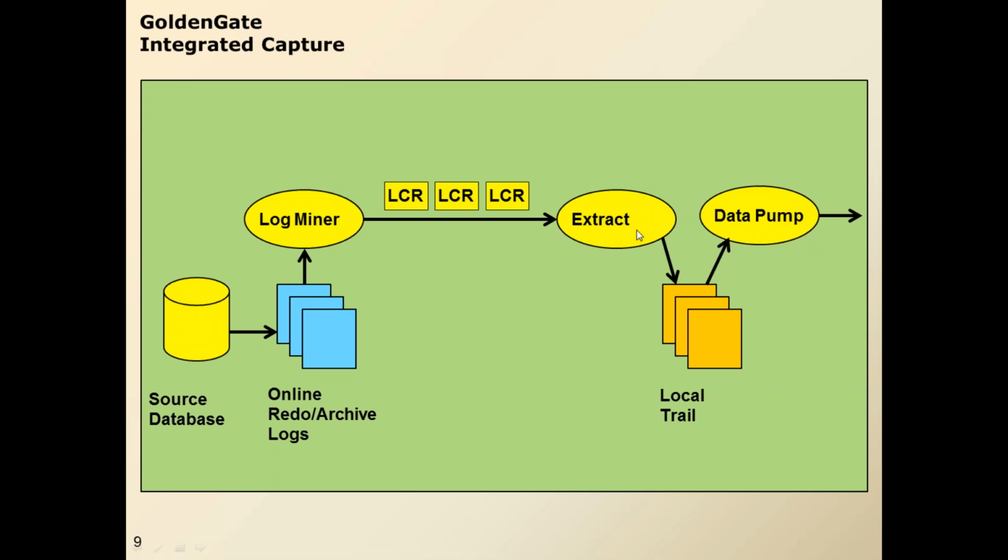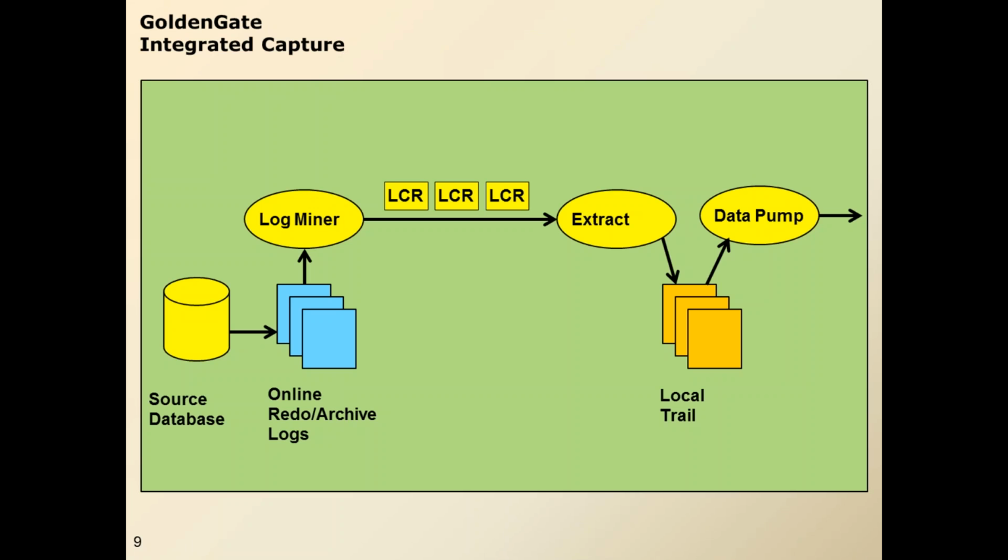So instead of the extract process reading the redo logs or archive logs directly, there is one more layer in between, which is the LogMiner database, which contains a copy of the changes made to the database. Those changes will be written into LogMiner, and then LogMiner will pass on the changes to the extract process in the form of LCRs, logical change records.